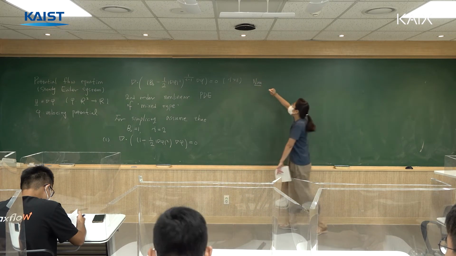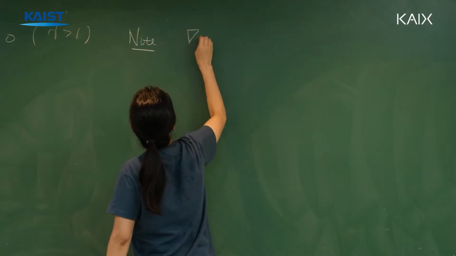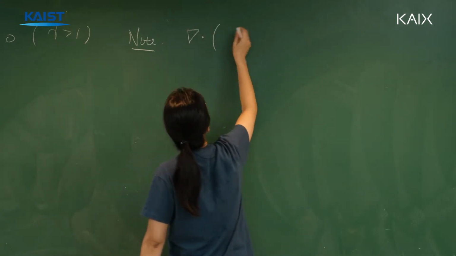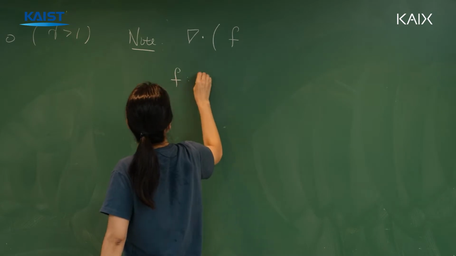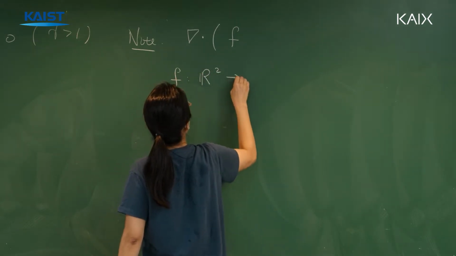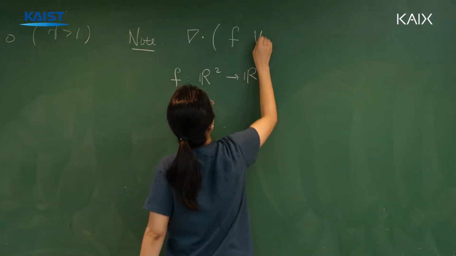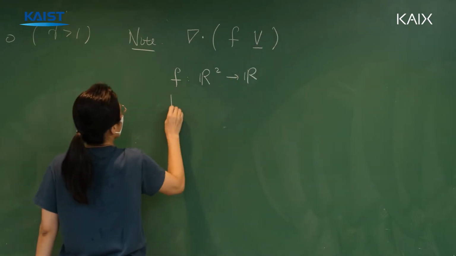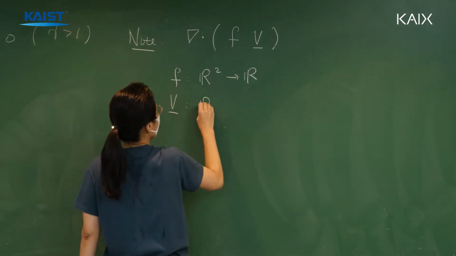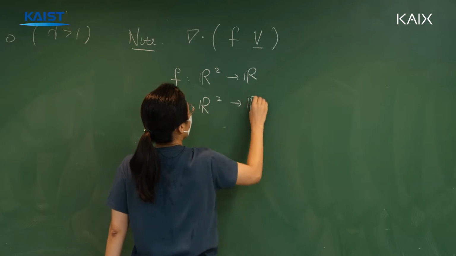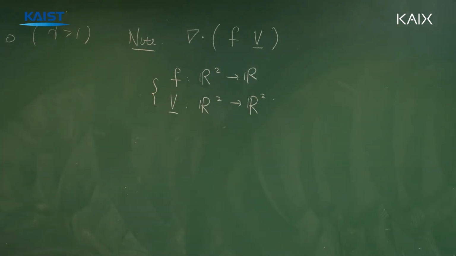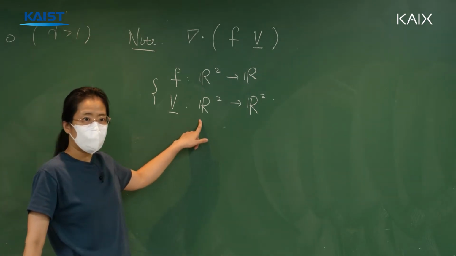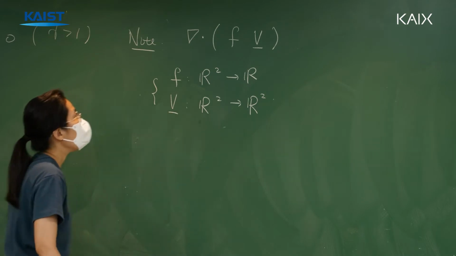Suppose f is a scalar function, f from R2 to R, and V is a vector field. By the way, the product rule that I'm writing down is not restricted to the two-dimensional case. It is true in any dimension.